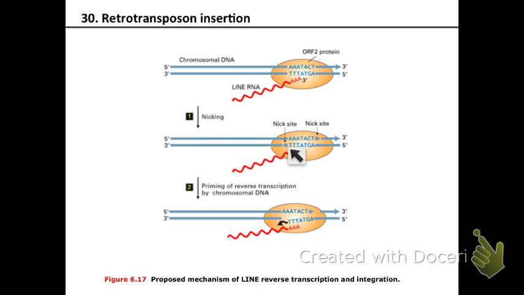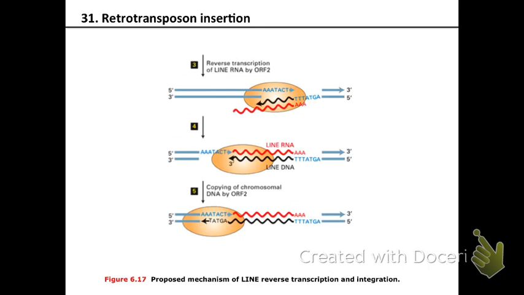And what it does is it takes that DNA strand, pulls it over, and now uses the 3' end of that as a primer to copy the RNA sequence into DNA. Does that make sense? It's grabbing the 3' end of its target DNA and using it as a primer to extend.